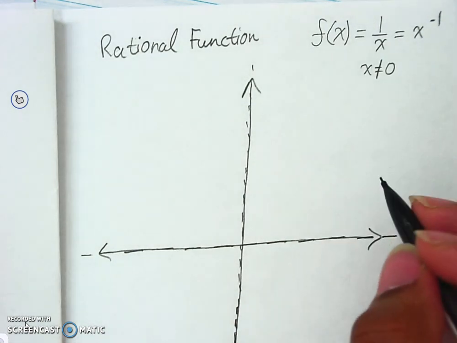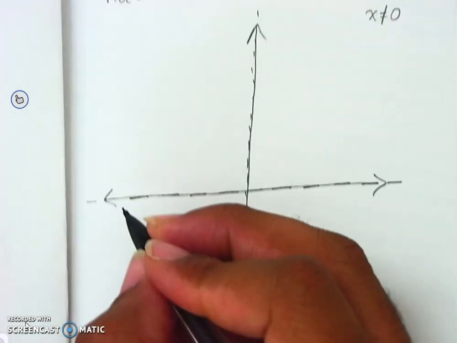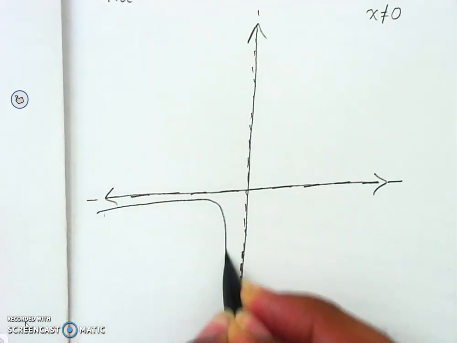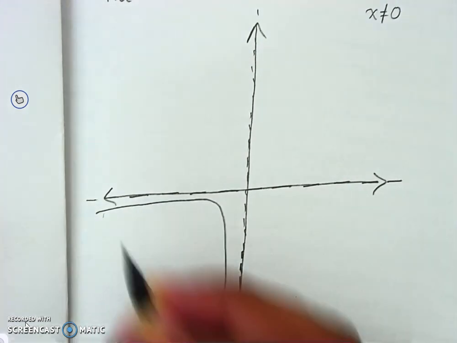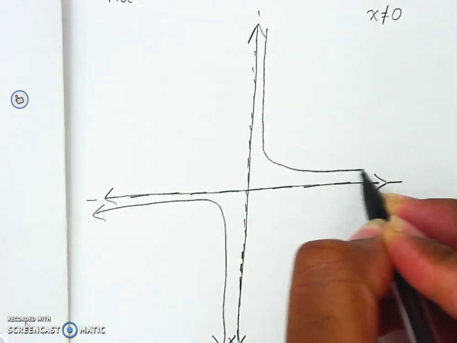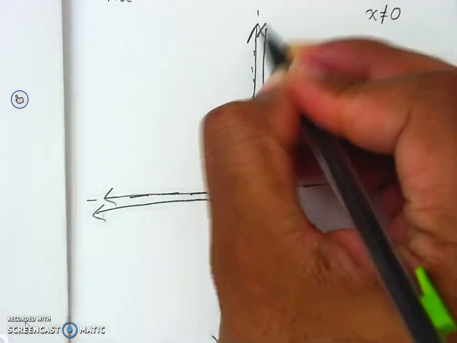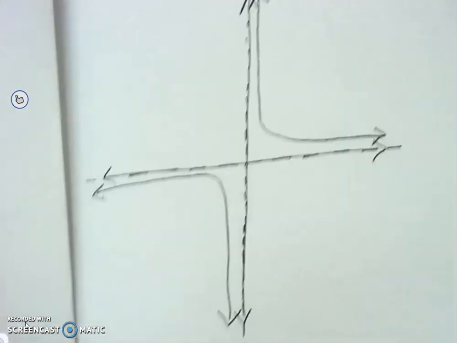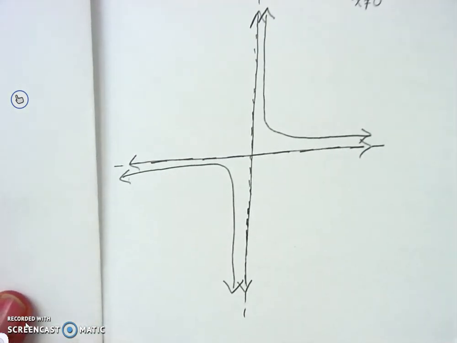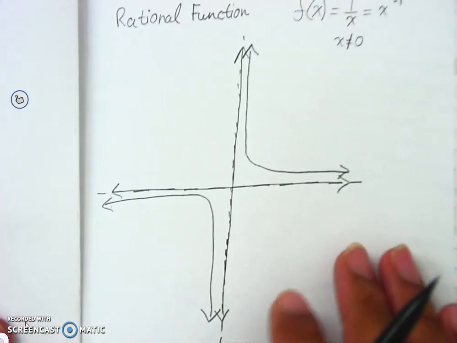So here, the graph is going to look like this. So with our asymptotes in hand and on the graph there, our graph looks like this. So it won't touch the x-axis or y-axis, but it will go forever and ever and ever in both directions.